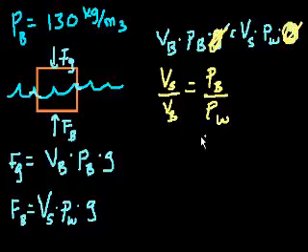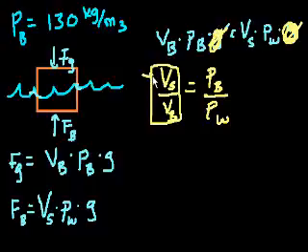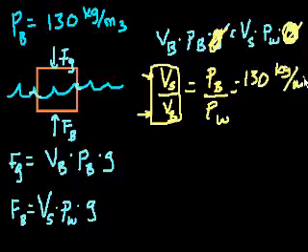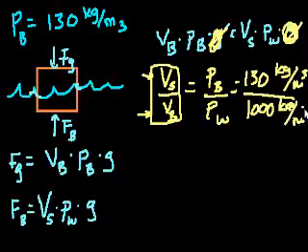And now we're ready to solve our problem. Because my original question is, what percentage of the object is submerged? And so that's exactly this number, right? If we say this is the volume submerged over the total volume, this is the percent submerged. And so that equals the density of balsa wood, which is 130 kilograms per meter cubed, divided by the density of water, which is 1,000 kilograms per meter cubed.